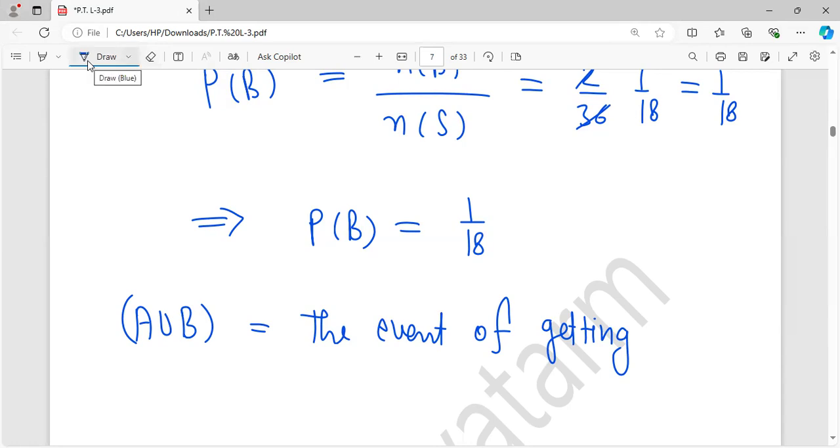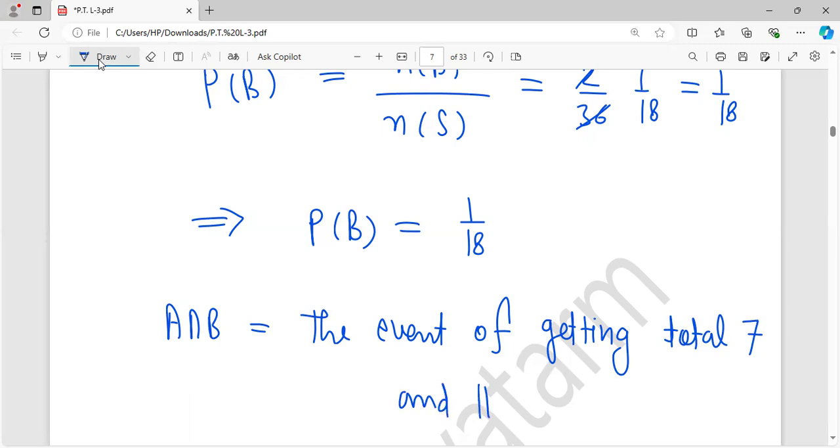First of all, I should take the intersection. What is A intersection B? A intersection B is the event of getting a total of 7 and 11.